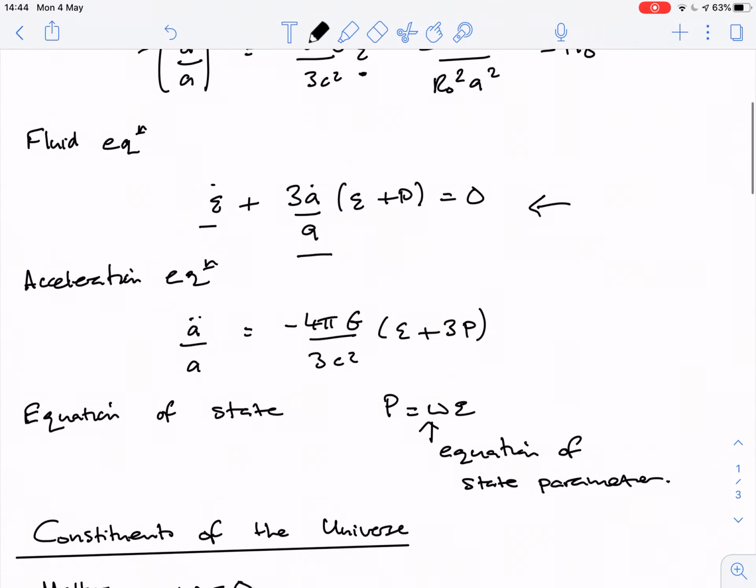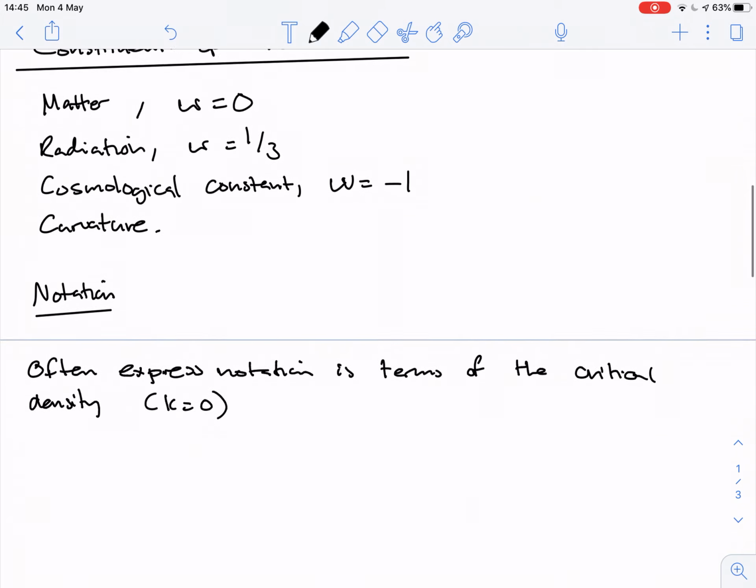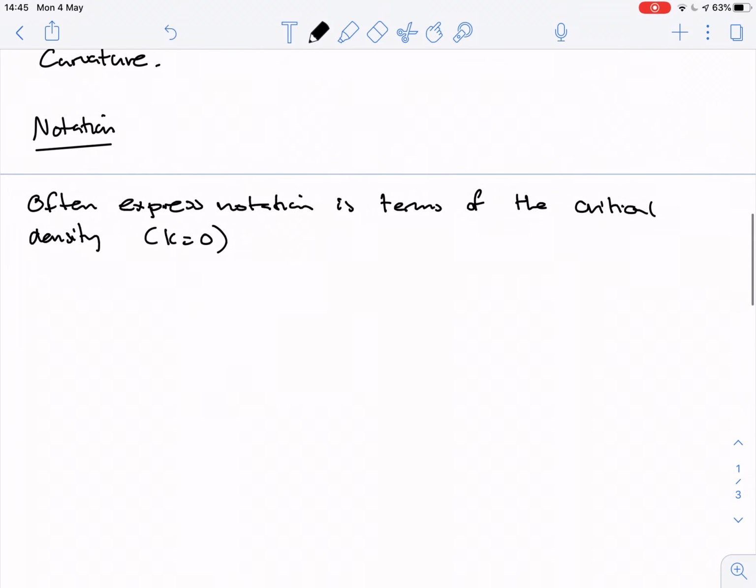And so from the Friedman equation up here, you can just arrive at this. It's rearranging for the critical density when this term here equals 0. You have that epsilon_c is just 3c squared H squared over 8 pi G.